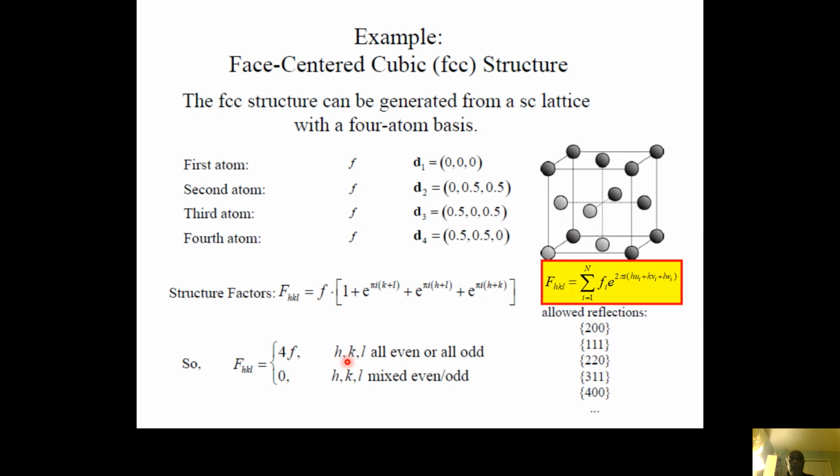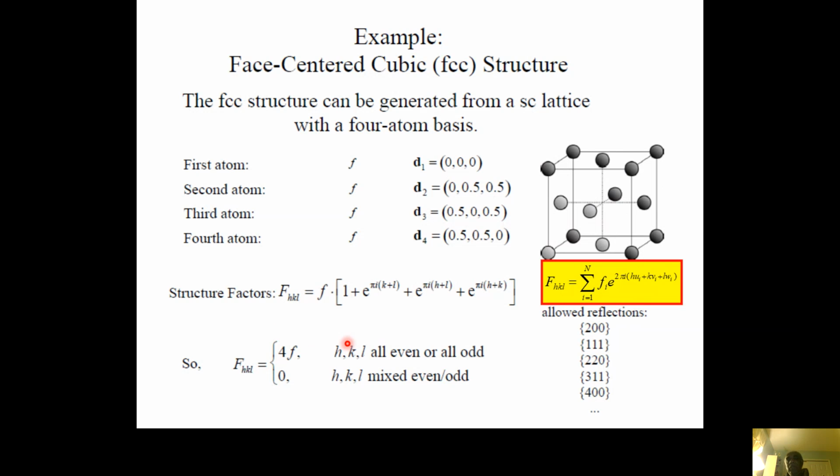Now, if you look at this one, you can see if HKL all are even, then all these are added, you get 4 of them, right? 1 plus 1 plus 1 plus 1, you get 4.